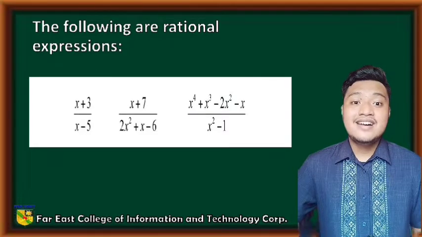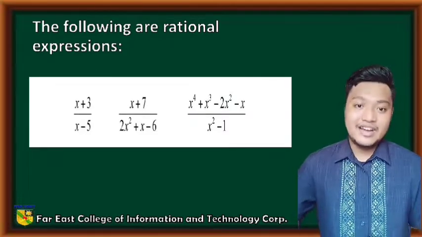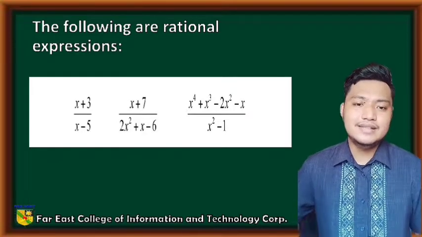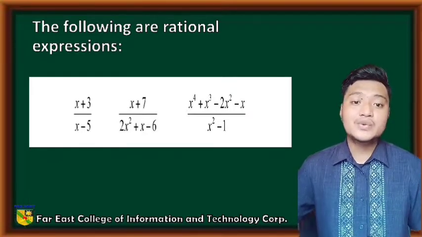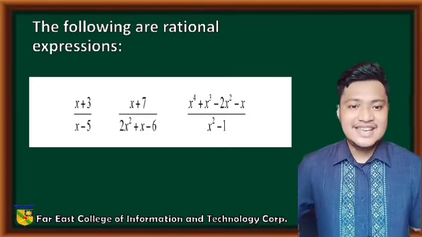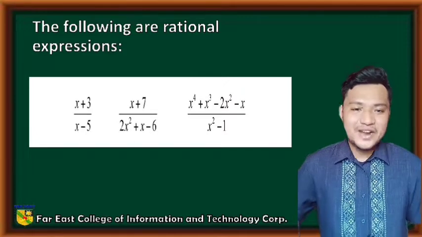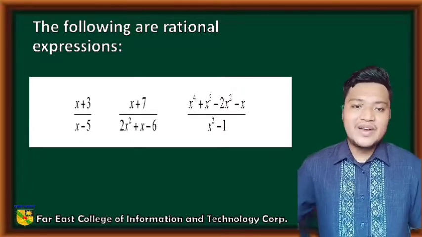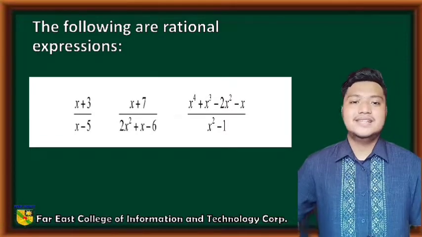they are algebraic equations. Next, x plus 7 over 2x squared plus x minus 6. It is a rational expression because the exponent, or the square, is positive.